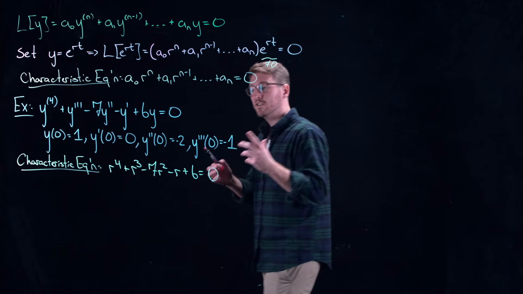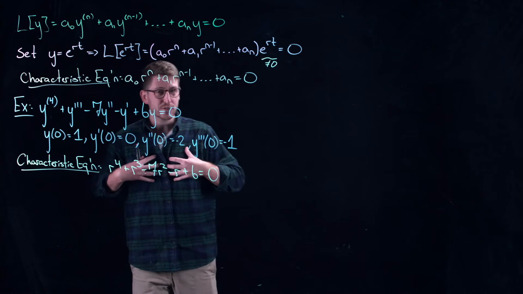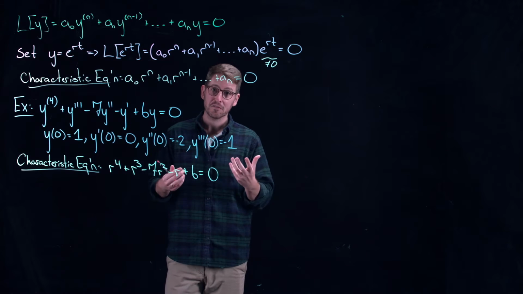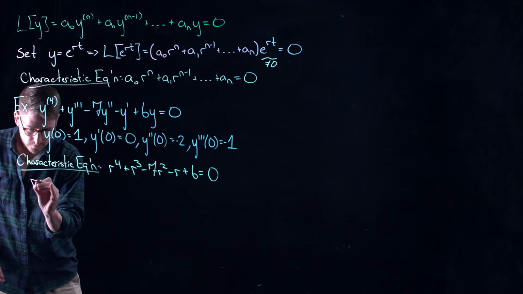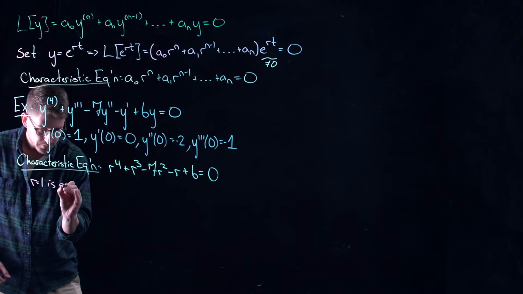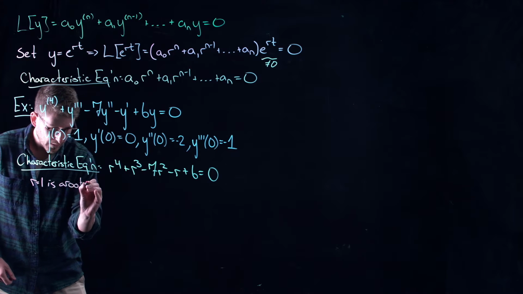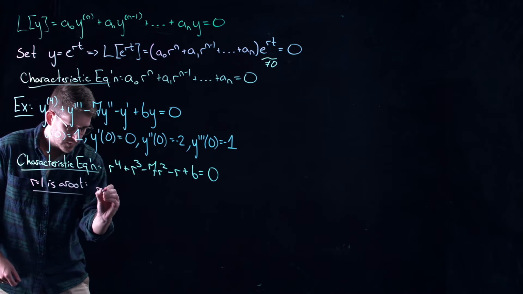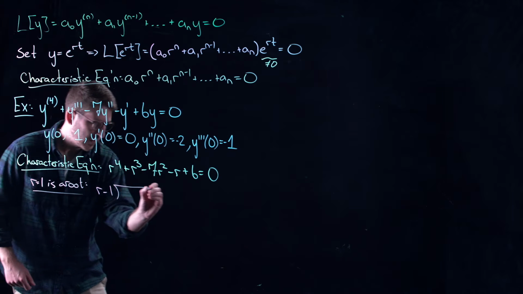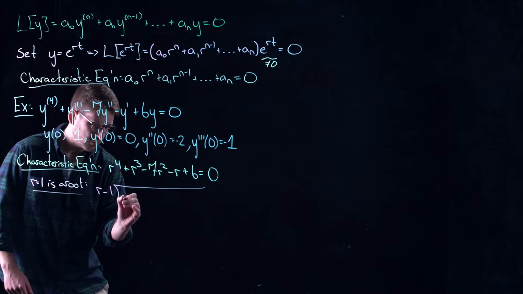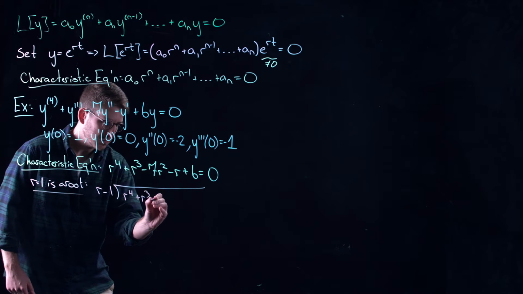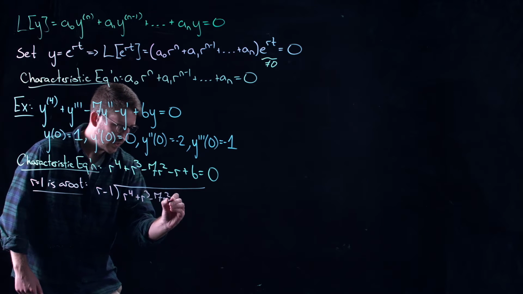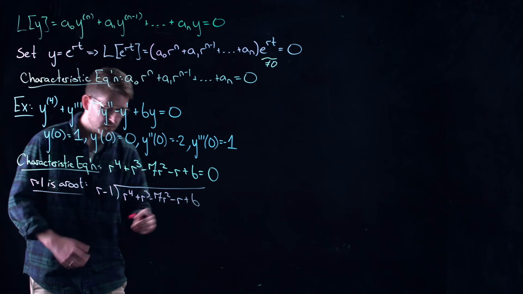Now, here's something you probably dreaded, and unfortunately, we're going to have to use it again, but that is long division of polynomials. Now, this is not unfortunate for me because I love long division of polynomials, but let's do this. r equal to 1 is a root. Let's divide r minus 1 out of this thing. We're going to factor it. So I get r to the 4 plus r cubed minus 7r squared minus r plus 6.